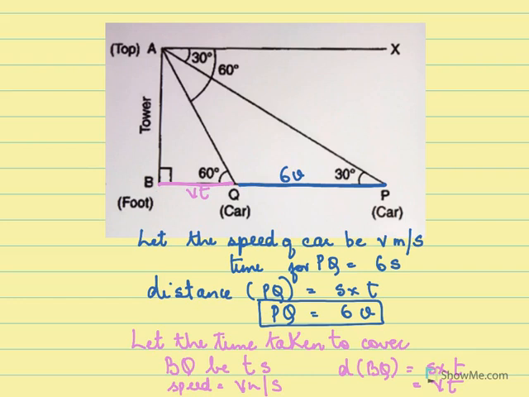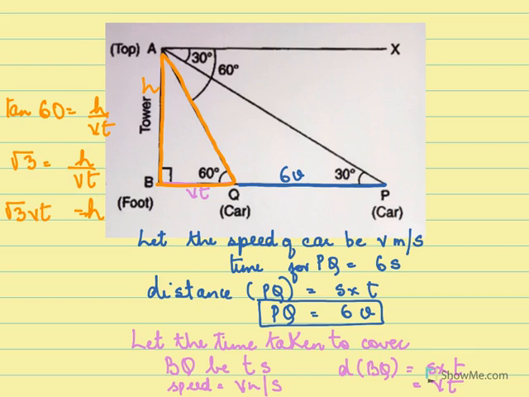And then we took up this triangle. We did tan of this angle, if we put this h, we did tan 60, h over vt, so root 3 equal to h over vt, and h equal to root 3 vt.